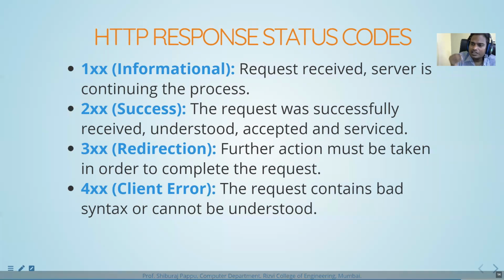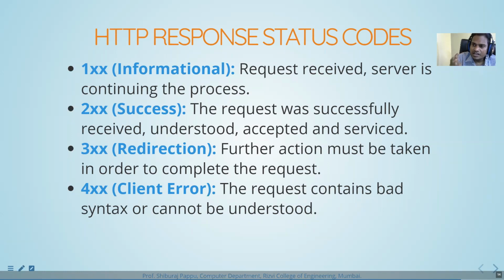Then the fourth and the fifth are what is important as far as a developer, because the fourth one is called client error. Anything in the 400 series will be client error. There are lots of client errors that are possible. For example, you didn't submit the required number of fields, that means there is some data error.